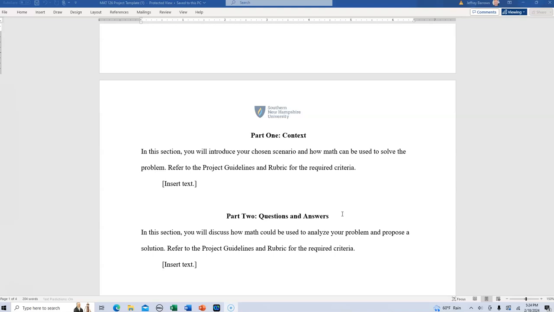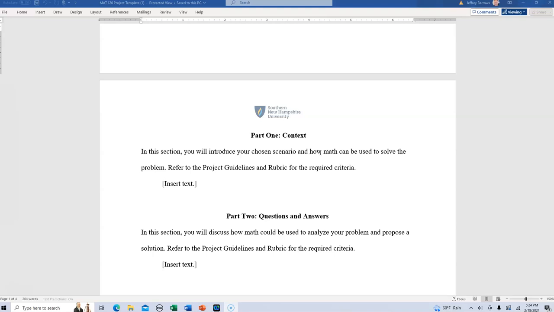You do not need to state the questions per se in part 1, but you should certainly allude to what it is you're trying to get after, because it does say here how math, and I will go a bit further and say, maybe some of the data analysis techniques that you've learned in a statistics framework, what those tools are that we should expect to see as you start getting deeper into the project submittal.